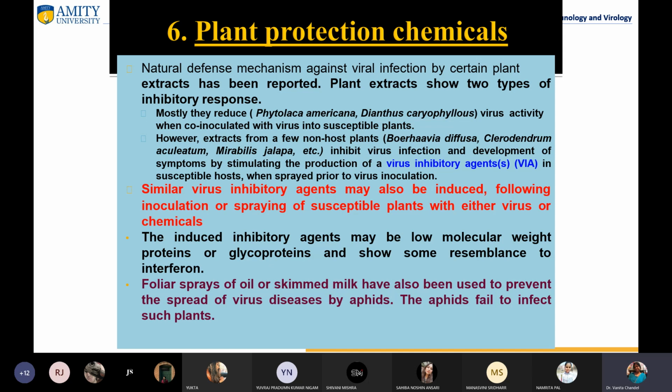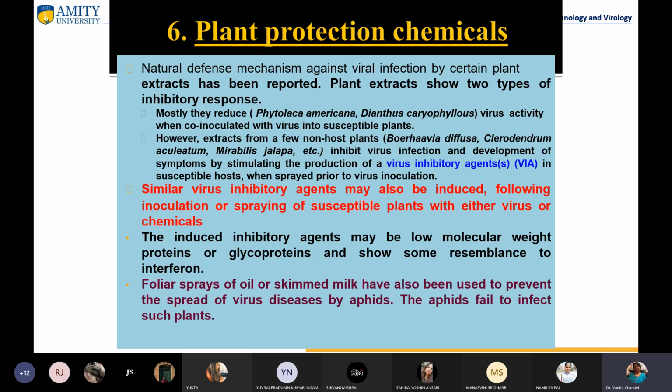Mostly they reduce the virus activity when co-inoculated with virus into susceptible plants, for example Dianthus caryophyllus or Phytolacca americana. However, extracts from a few non-host plants such as Boerhaavia diffusa and Mirabilis jalapa inhibit the virus infection and development of symptoms by stimulating the production of virus inhibitory agents in a susceptible host.